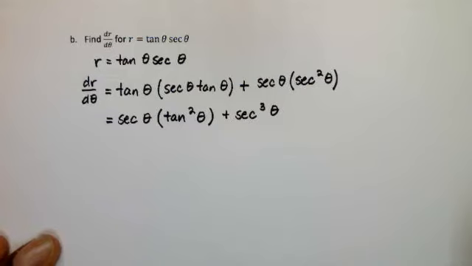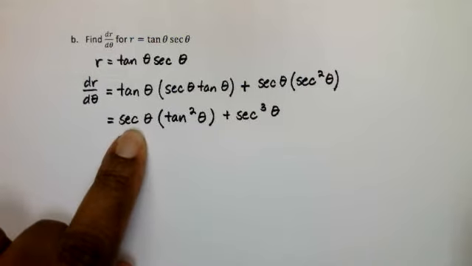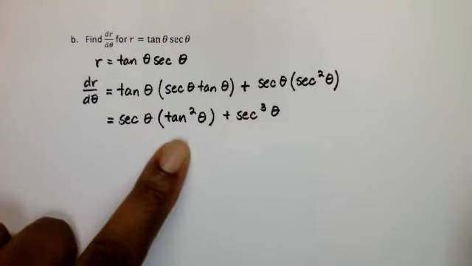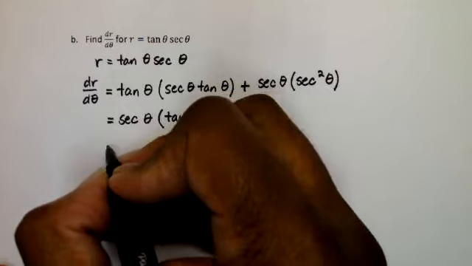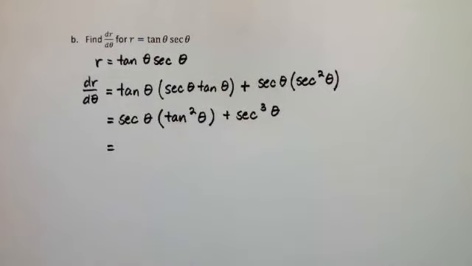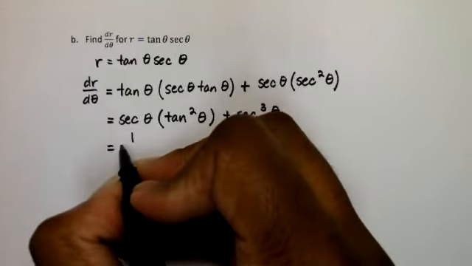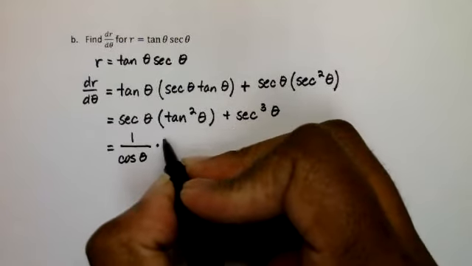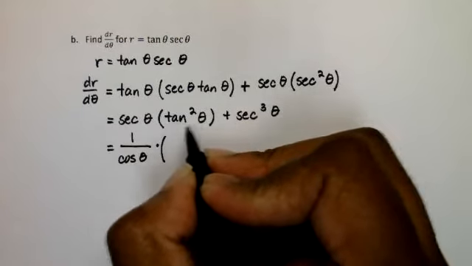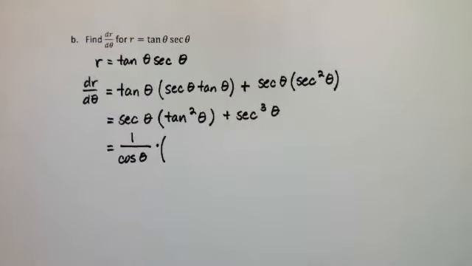All right, next I'm going to simplify this right here, because they might want the final answer in simplest form. Secant theta, if you recall one of your reciprocal identities, is 1 over the cosine of theta. So I'm going to write secant theta as 1 over the cosine of theta times tangent squared theta. Well, tangent of theta is going to be sine of theta divided by the cosine of theta.